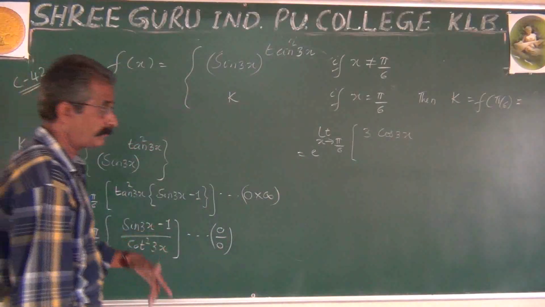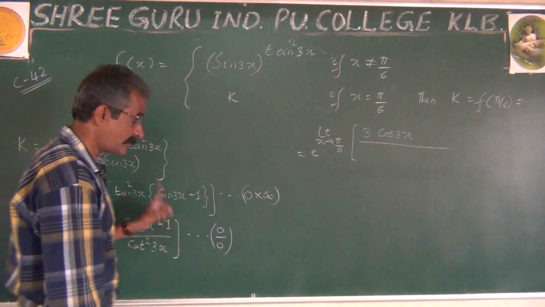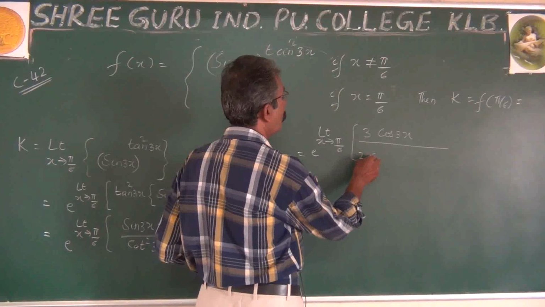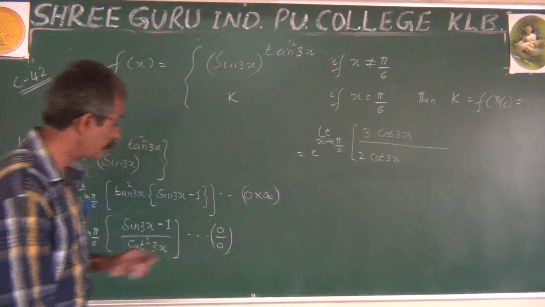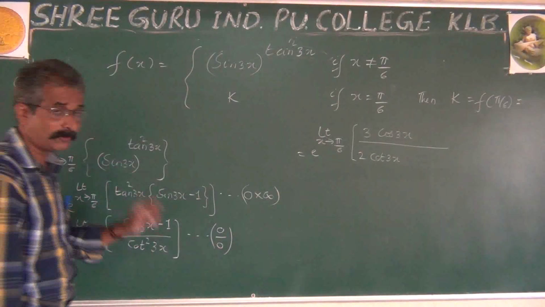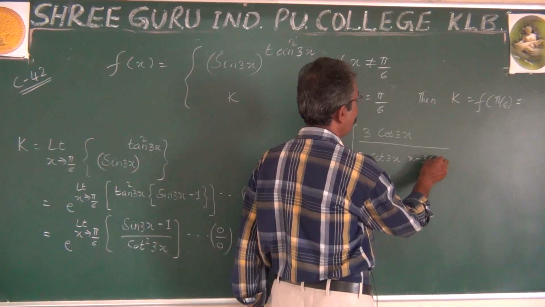Differentiation of 1 is 0, left out, divided by differentiation of cot square, 2 into cot 3x, into differentiation of cot 3x, which is minus 3 cosec square 3x.